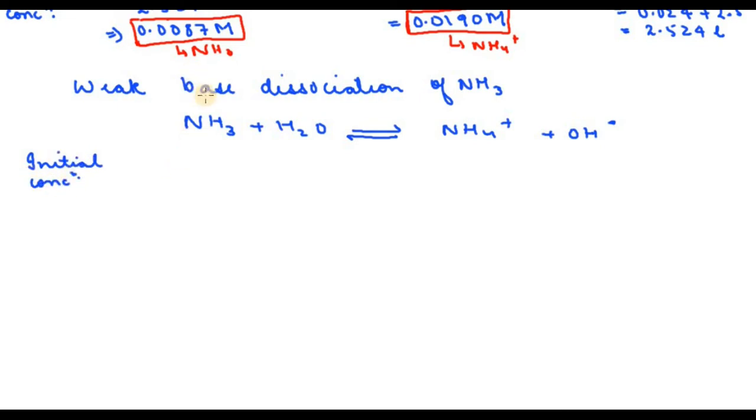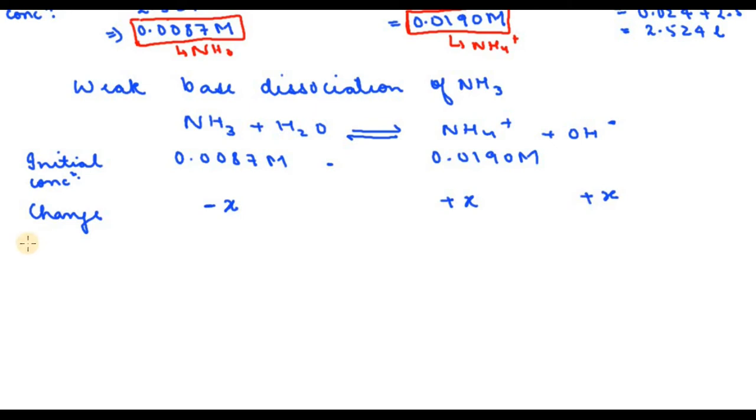After mixing, the initial concentration of NH3 would be 0.0087 M, and H2O is not considered here since it is a liquid, and for ammonium it is 0.0190 M, and for OH- it is 0. Now the change in concentration will be, for NH3 minus X, and for NH4+ plus X, and for OH- also plus X.